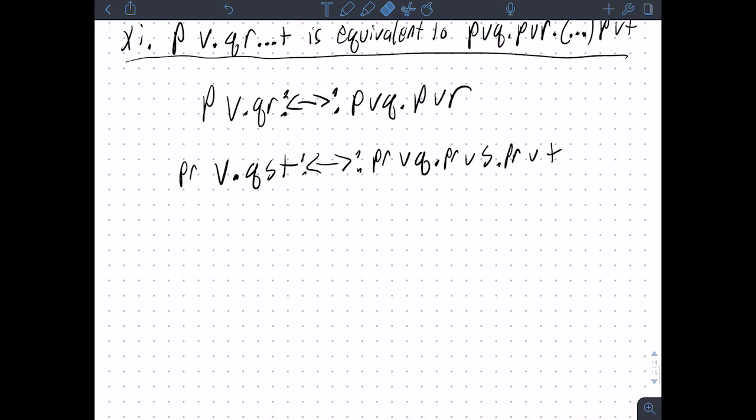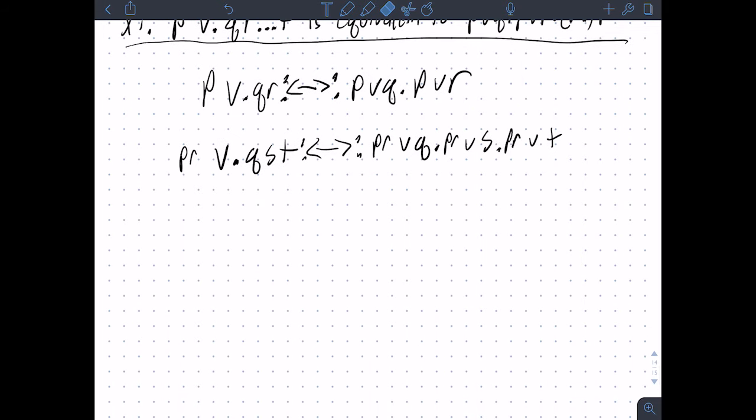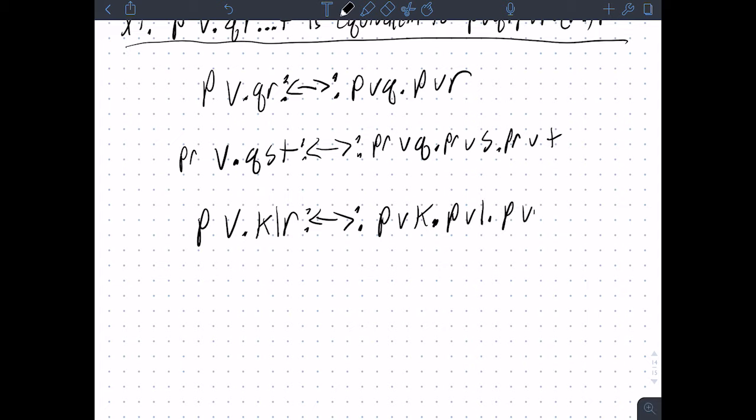So, another example, again, just to go through these. If we have P or K, L, conjunction of K and L and R, that's equivalent to P or K and P or L and P or R. Right.